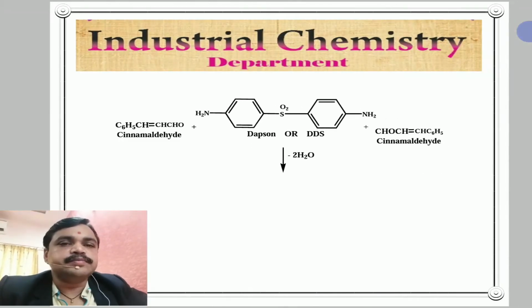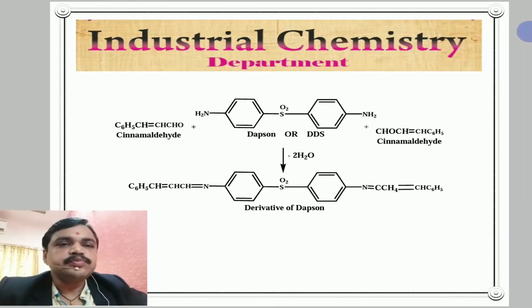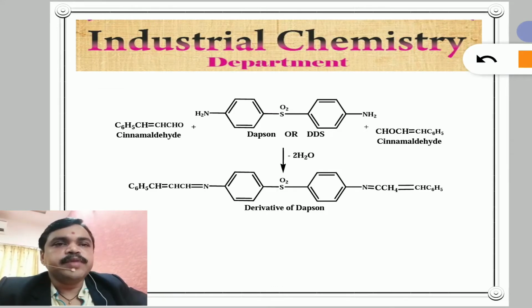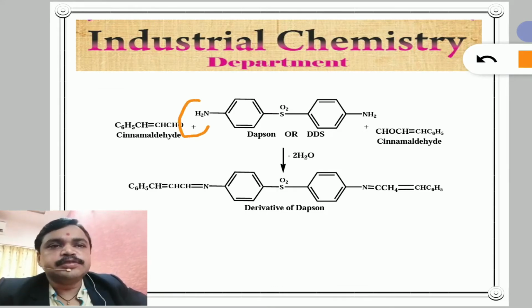Here a condensation unit process takes place. After condensation, we get derivatives of Dapsone. We see the reaction: hydrogen atoms of hydrogen from Dapsone here and oxygen from cinnamaldehyde.